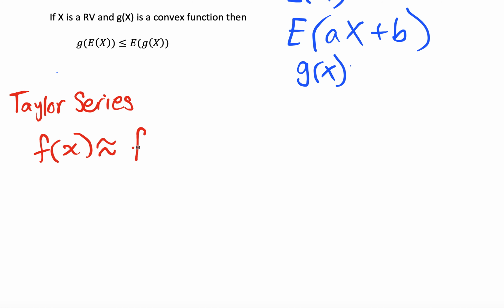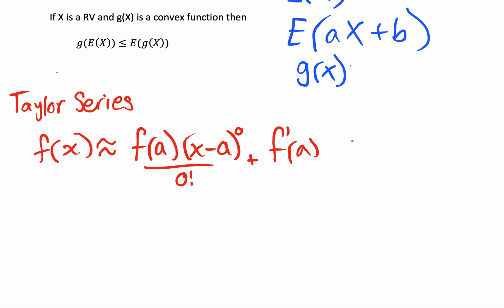We can do this with the function f of a, times (x minus a) to the power of 0 over 0 factorial, plus f prime of a, the first derivative, times (x minus a) to the power of 1 over 1 factorial, and we continue this pattern.